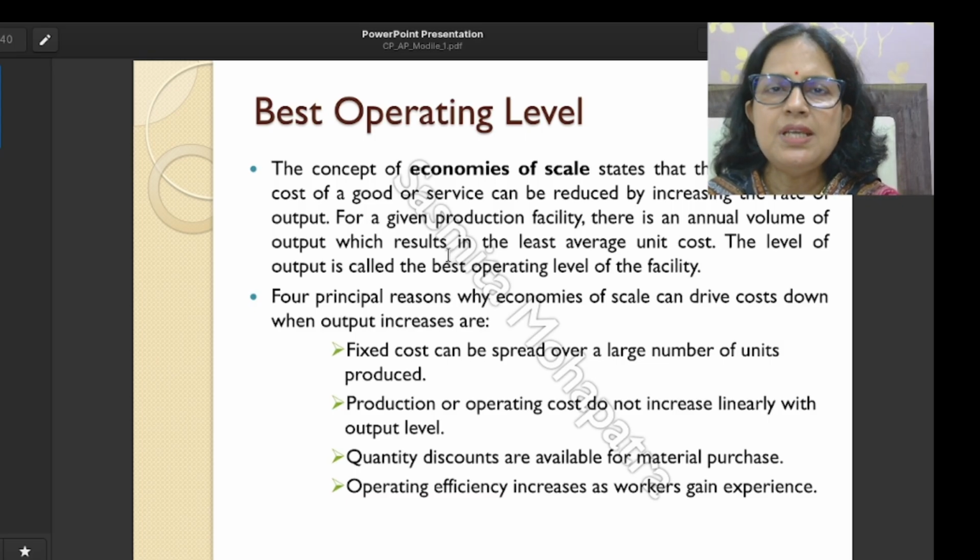Every machine has a capacity. So the best operating level is when we give all the ideal conditions to the machine, the machine gives its maximum output. That is nothing but the design capacity of the machines.